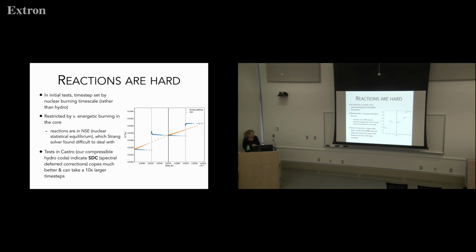It means it can take up to 10 times larger time steps. This is really good for us, because if we're being constrained by the really short nuclear timescale that the strang splitting solver requires, then with a much larger time step maybe instead we're going to be hydrodynamics limited, and that's where using the low Mach number approximation is going to help us.